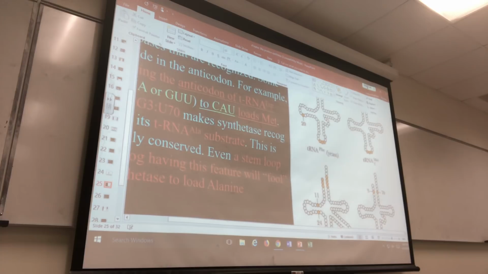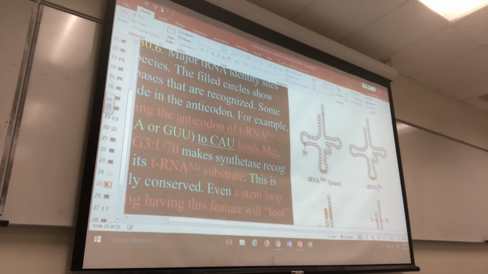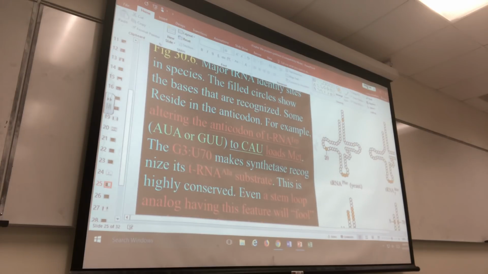Context-wise, a more general type of question will be something like, what are the ways a synthetase recognizes how to load an amino acid onto its tRNA? The answer would be multiple different answers: the anticodon region, certain bases in the loop, in the stem loop, and in the tail.